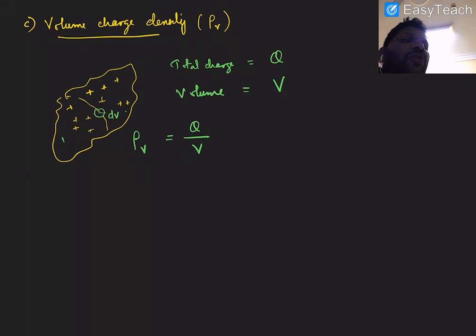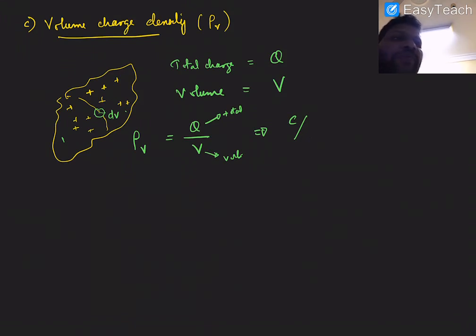So rho V is the charge per unit volume, and it has the unit coulombs per meter cube.